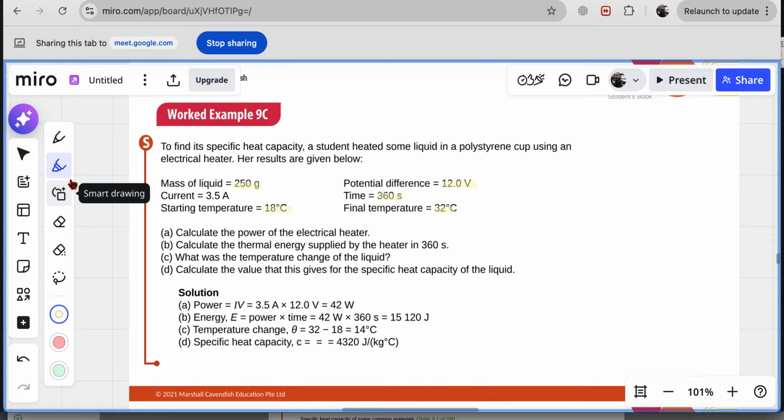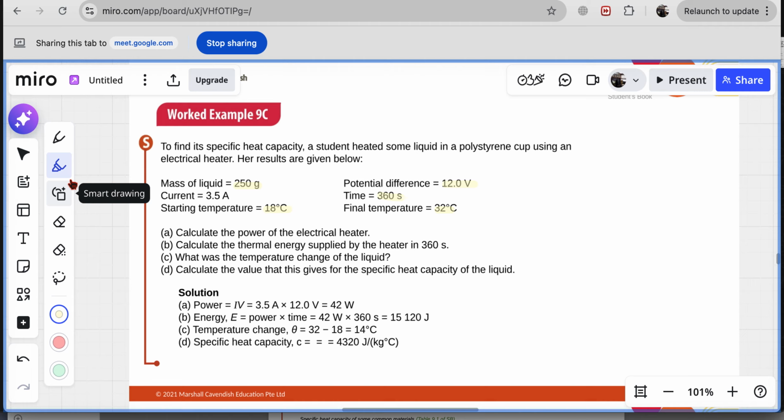Now they want the thermal energy. Energy is IVT. You write the energy formula, IVT: power times time. Since you already calculated power, no need to say IVT. The mass is 250 grams, which is 0.25 if you change to kilograms, because you divide 250 by 1000.